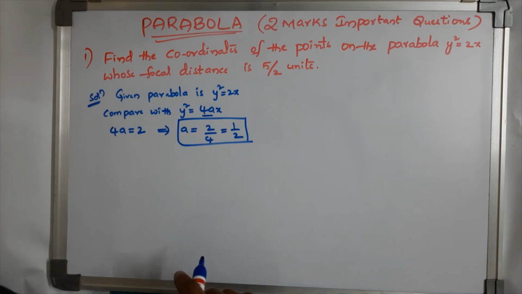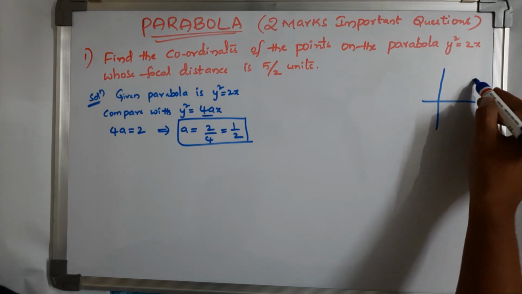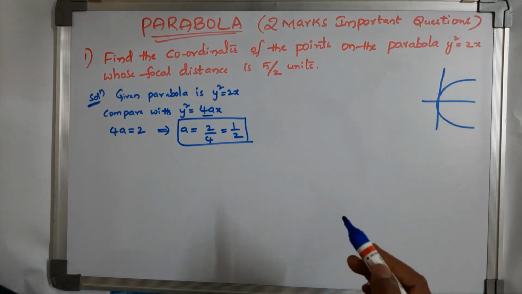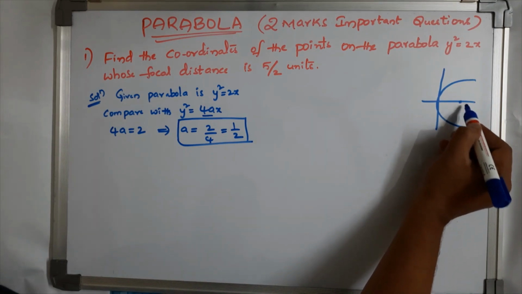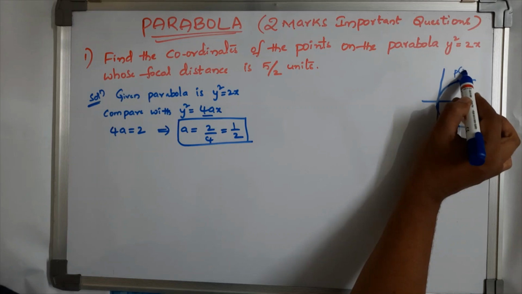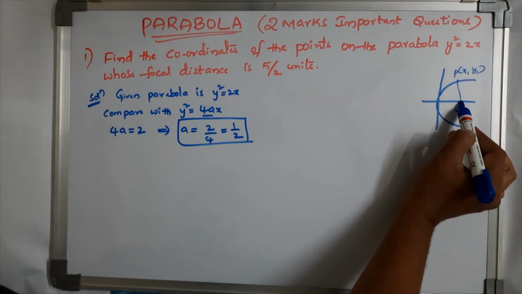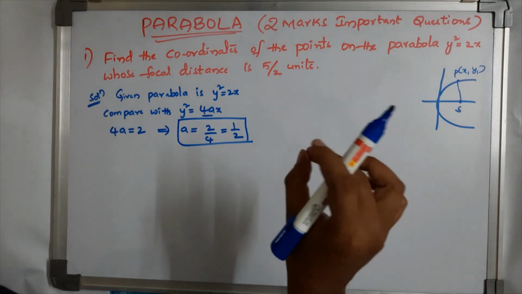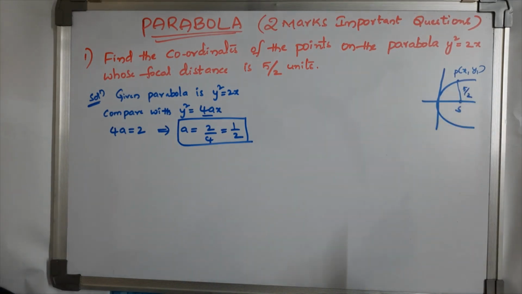Okay. Right. This is the parabola y square is equals to 2x, and this one is the focus. Suppose this is a point P, x1, y1. What we call SP? SP as focal distance. The focal distance is given as 5/2.